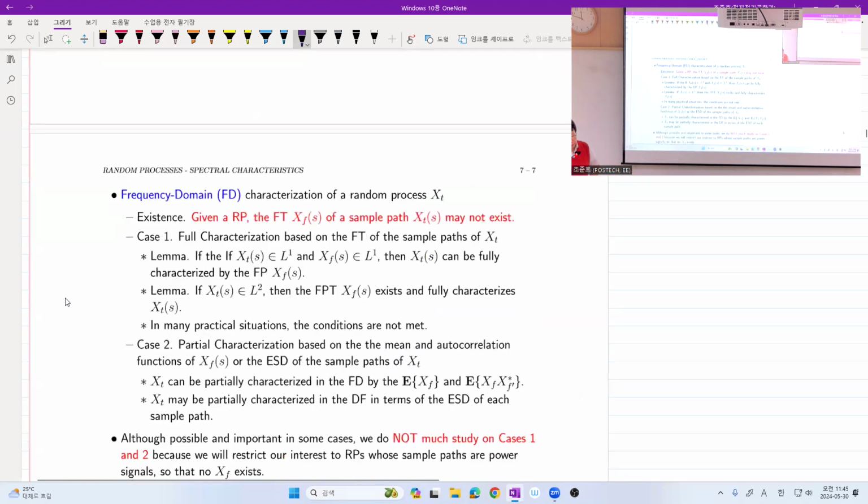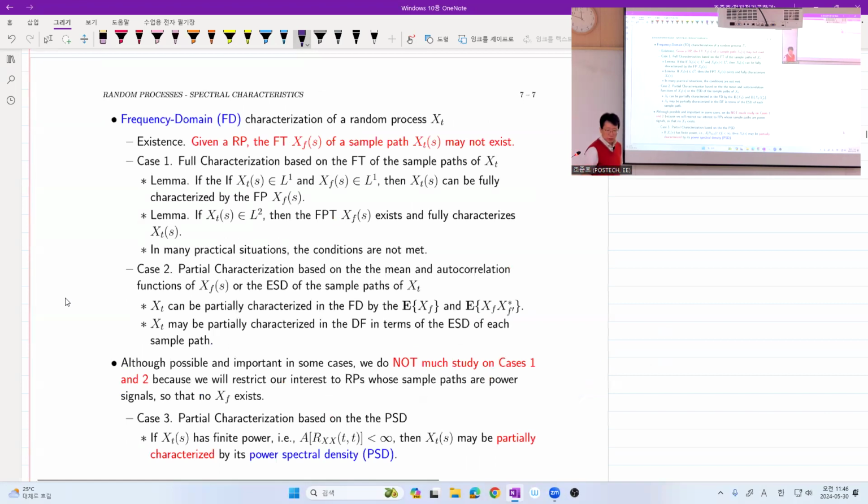Anyway, so let's think about the frequency domain characterization of a random process. And as I already told you, if the sample paths are all Fourier transformable, then we are happy. But unfortunately, not many random processes allow that.